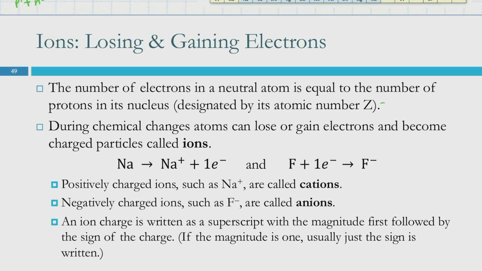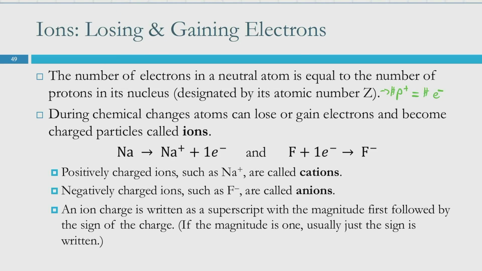So in neutrally charged particles, the number of protons equals the number of electrons. However, those can change. So if we change the number of electrons, so we're staying within the same element, we can lose or gain electrons, and those become charged particles, which we call ions.